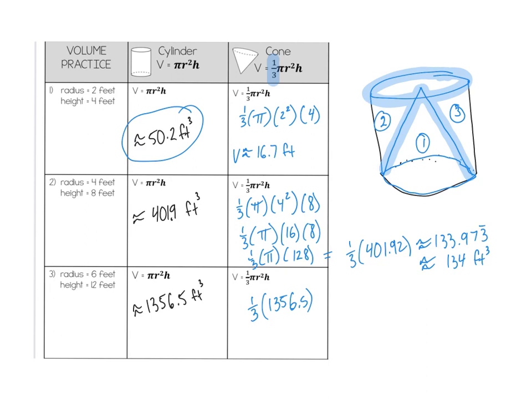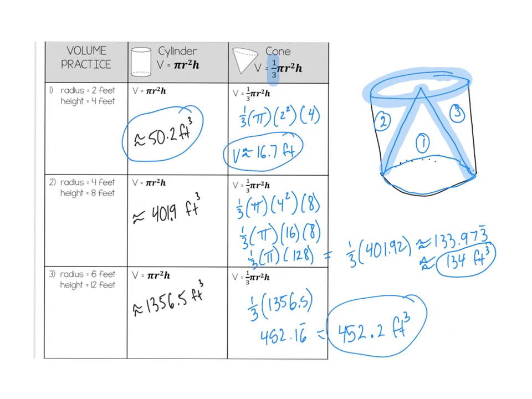So this would be 452.16, goes on forever. We would round that 6 up. So 452.2, and this is cubic feet again. Okay, so be careful as you work. There are 3 cones that can fit into the cylinder if it's the same radius and height.